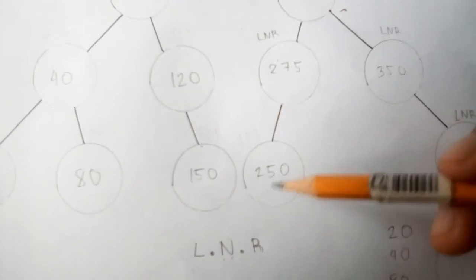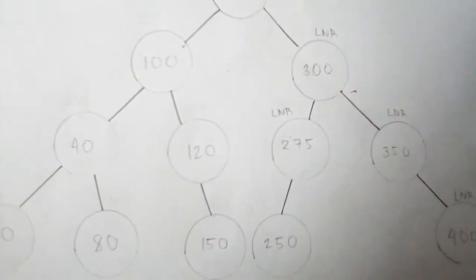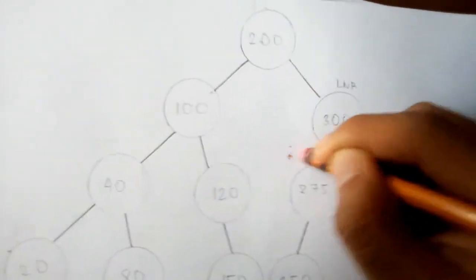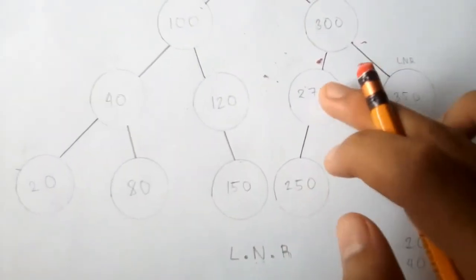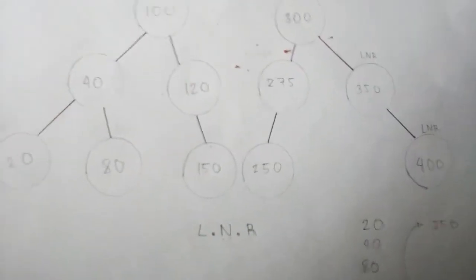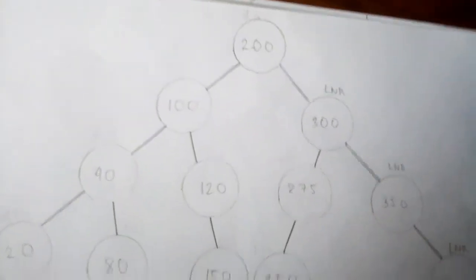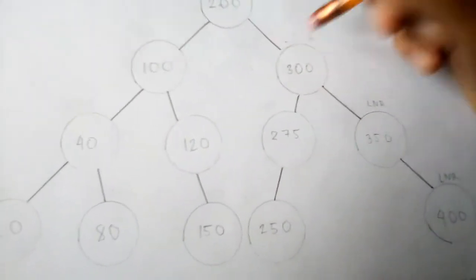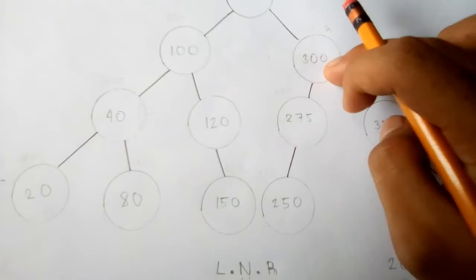Going back to 275, since 250 has nothing more to do, we delete L, N and R because we are done here. We have checked that 275 doesn't have a right subtree. Copy 275 down below 250, then going back to 300, deleting L, then N because we are done checking here, and taking the value of 300.